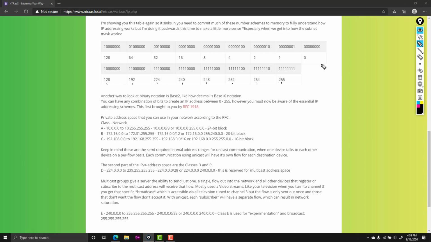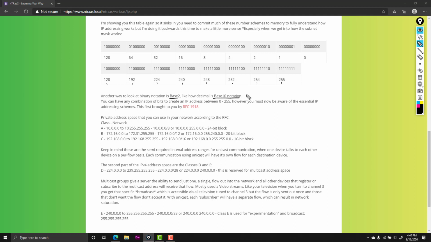I bring this up now so you can get an understanding of how you can count with binary and how we can count for subnet masks in binary. Now to get more into the definition of binary, we see that it is a base 2, much like how decimal is the base 10 notation.